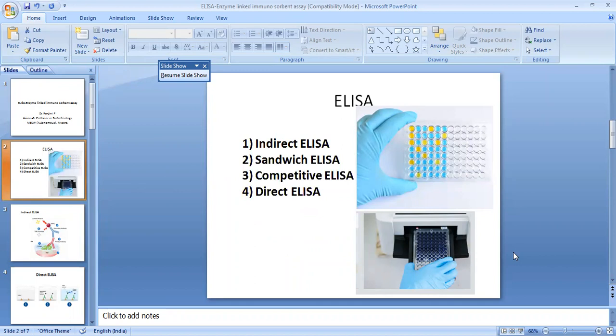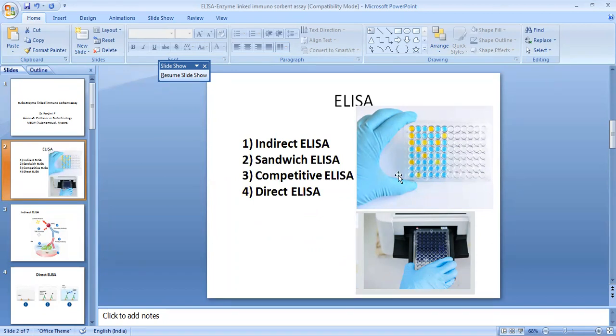So to the surface of this microtiter plate, the antigen or the antibody could adhere and get adsorbed to the surface of this microtiter plate, and will be useful for detecting or quantifying the concentration of antigen and antibody.